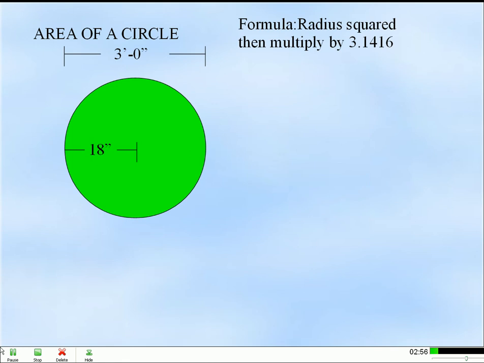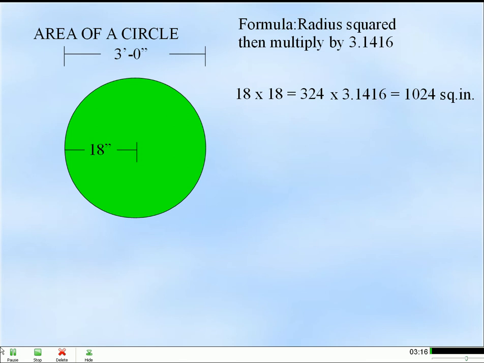Then square the radius, multiply the radius by itself. 18 inches times 18 inches equals 324 inches. Then multiply that sum by 3.14, which is pi, resulting in the answer of 1,024 square inches of area within the circle.